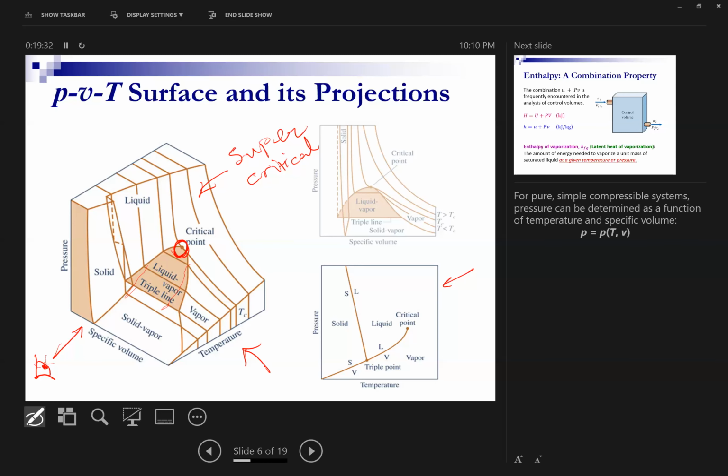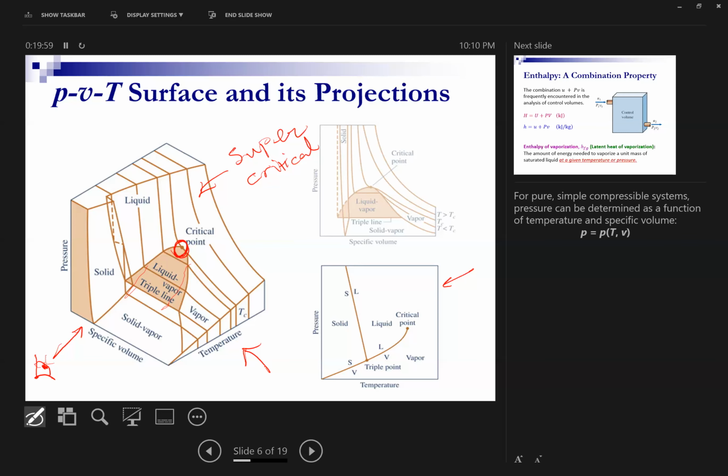If you remember, when defining the temperature scales, we said that the base of the lower temperature of the Celsius system is this triple point. The triple point of water is exactly 0.01 degree Celsius. All right? Okay.